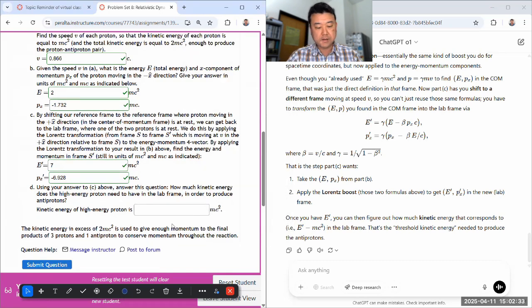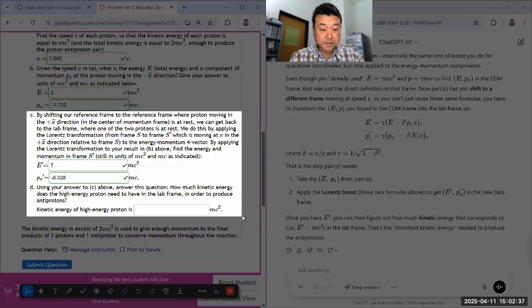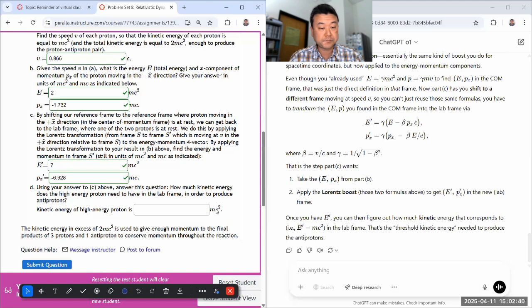So I'll say, all right, I got C right with the transformation. And I'll ask, is D just 6? I think it should be 5. Yeah, all right. I think I got C right. Is D just a 6? 7 minus 1 mc squared?